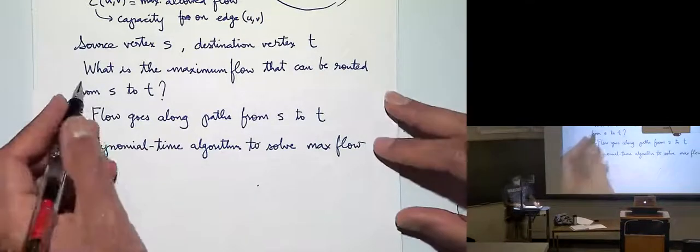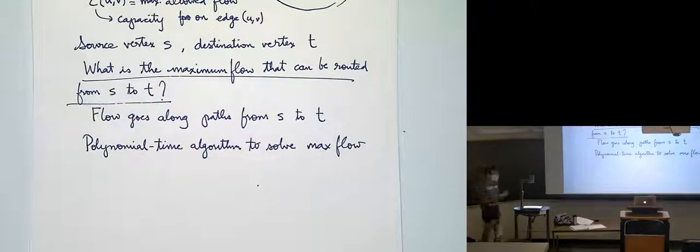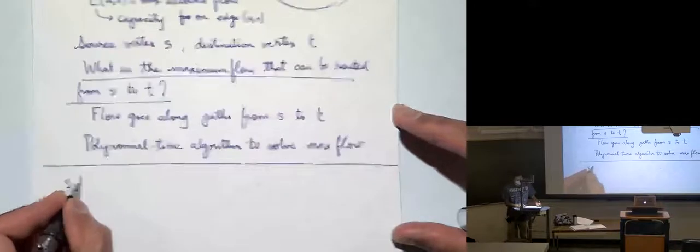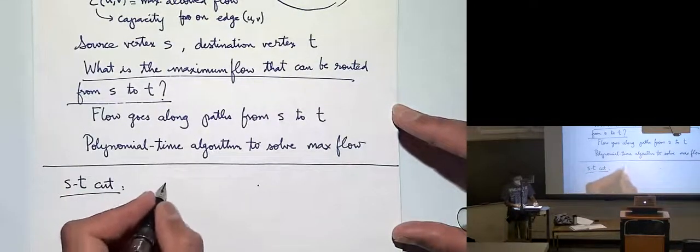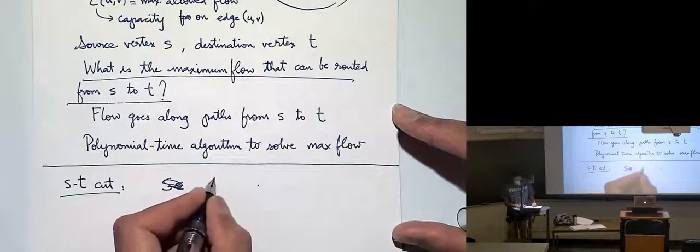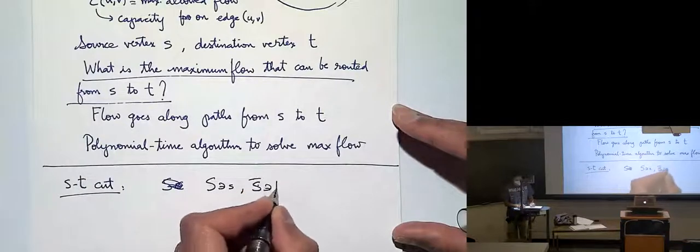So we talked about the problem of max flow. Now let me tell you about a different problem, and we'll see that the solutions are related, and indeed actually they will be the same. Instead let me tell you about something called the ST cut. An ST cut is a set S. S contains little s, and S complement contains little t.